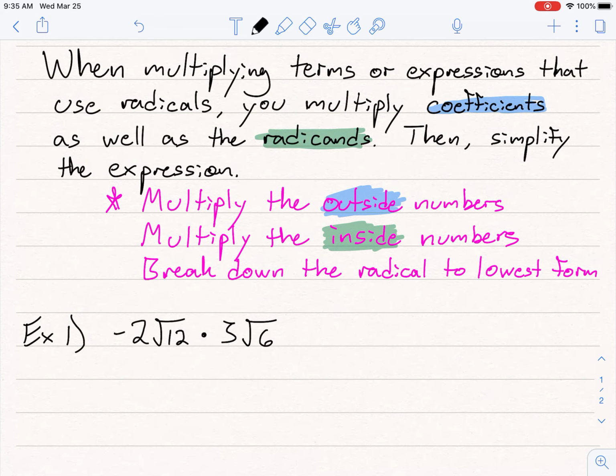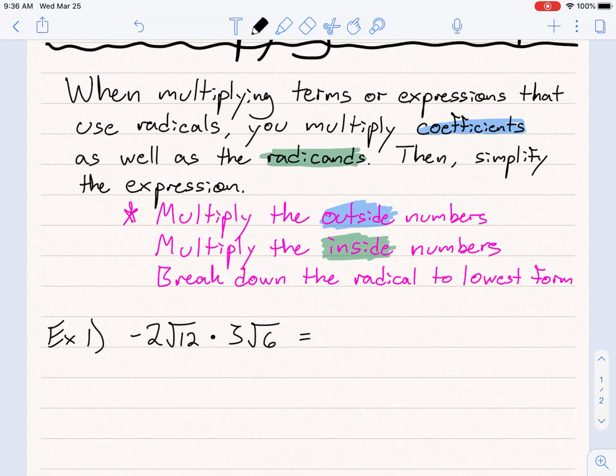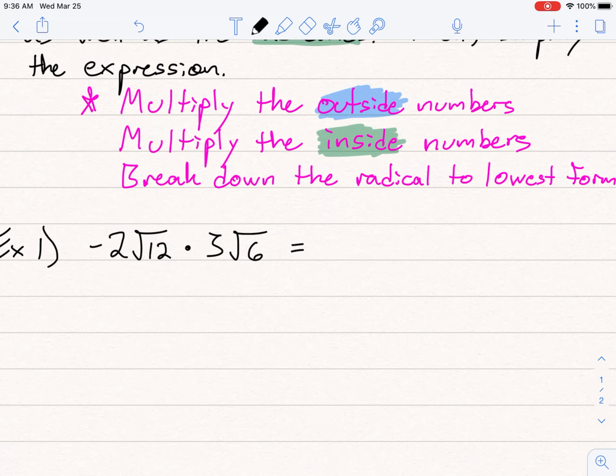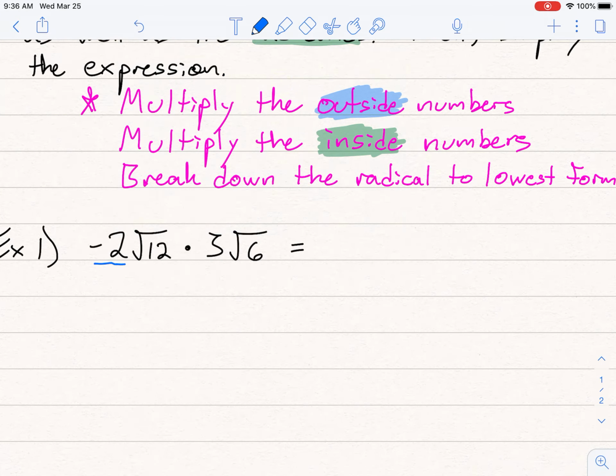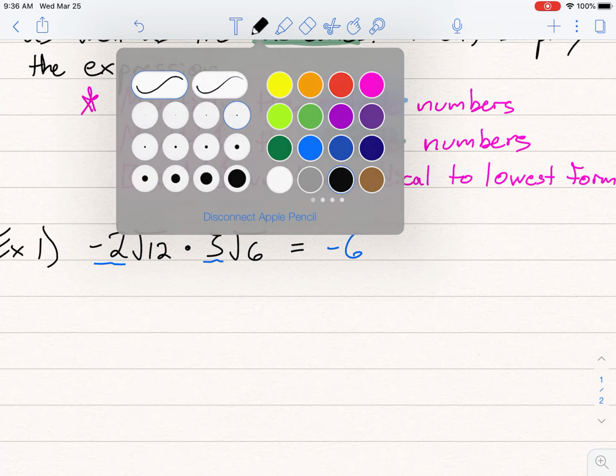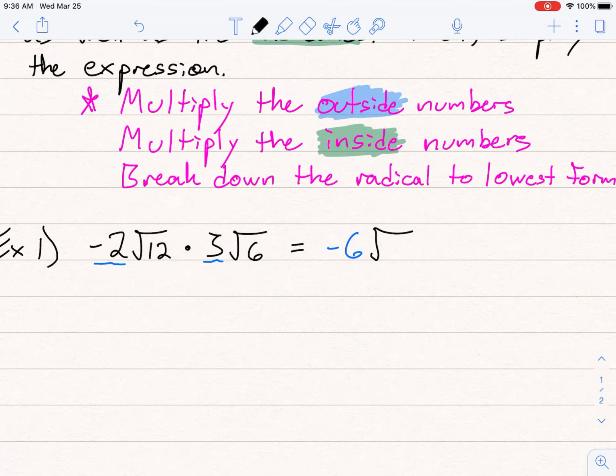Doing this problem, you are going to multiply your outside numbers, so that's negative 2 and 3, which gives me a negative 6. And then you're going to multiply your inside numbers as well, so that's 12 and 6, which gives me a 48. Now, I don't want to stop here because the square root of 48 can be simplified.